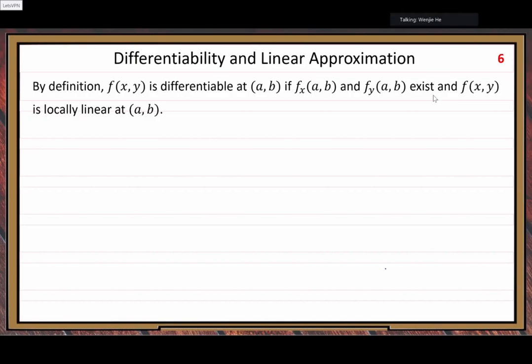Okay? Two partial derivatives must exist, but that is not enough. Another condition, this f function must be locally linear at this point. Two partial derivatives exist, plus the local linearity property. Because these two partial derivatives exist, it does not guarantee the f function is locally linear at the AB point. Okay? There is some counterexample to show that.